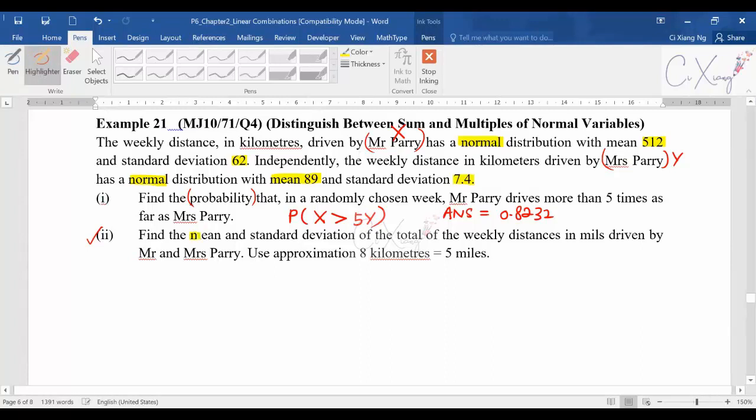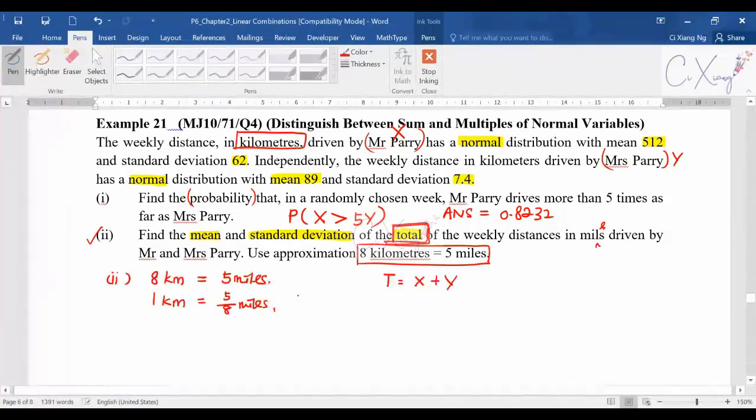They want to find the mean and standard deviation of the total weekly distance in miles driven by Mr. and Mrs. Perry. Use the approximation of 8 kilometers to 5 miles. So there are 2 ways for you to do it. You can find out the mean and variance first.